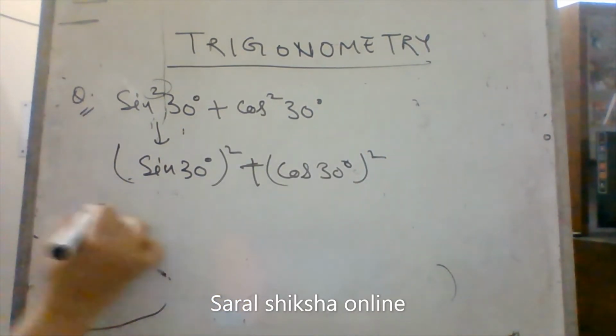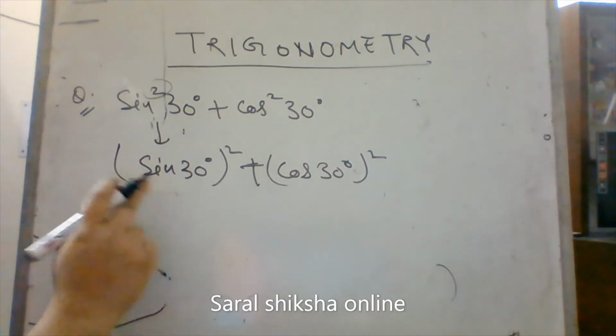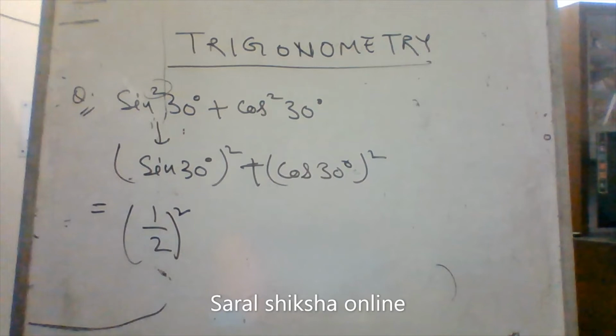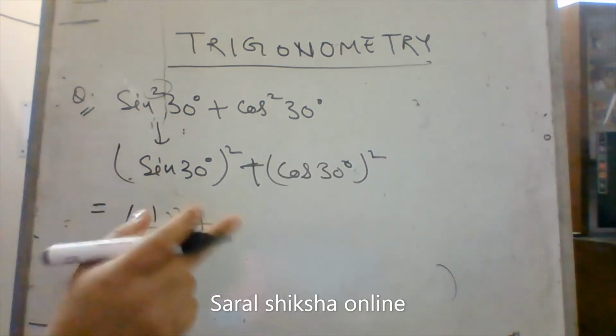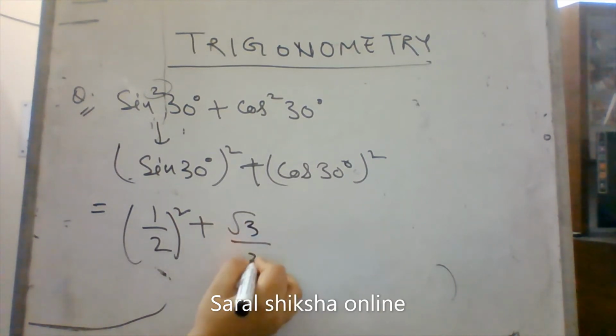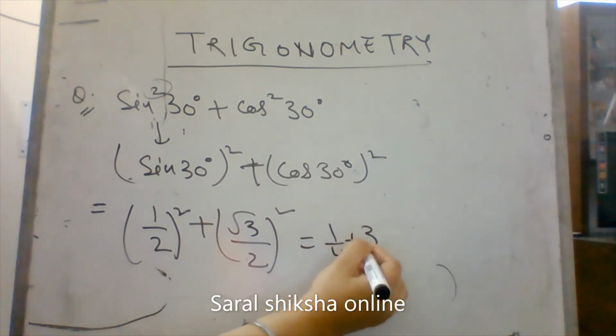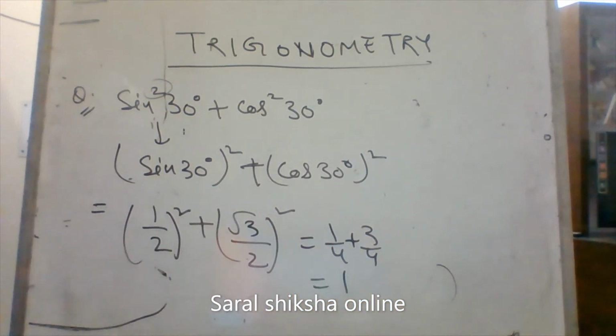Correct? So now this will be sine 30 is 1 by 2 whole square plus cos 30 is root 3 by 2 whole square. Fine. And now this will be 1 by 4 plus 3 by 4, and this equals 1. Is this clear to everyone? I hope this is clear.